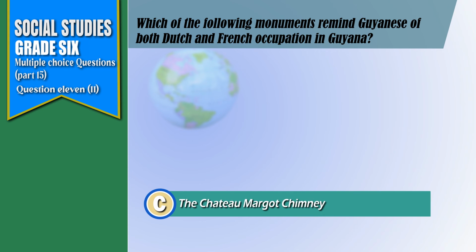The Chatumargo chimney. Chatumargo is the name that was given by the French, but the building of the chimney was done by the Dutch. You would know, boys and girls, that most of our forts were built and set up by the Dutch because of trading.